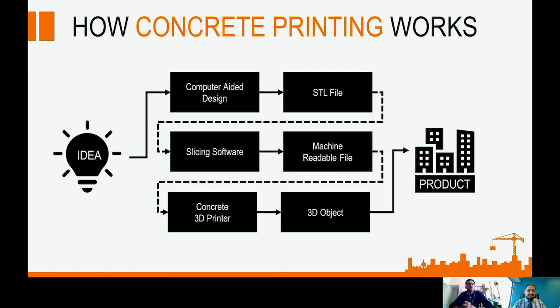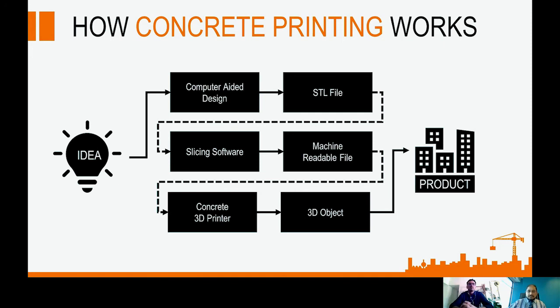So this is just general, we've briefly touched on it, but how concrete printing works. You have your CAD design, an object that you have created from your idea. Then you take this object and create an STL file. This is a standard triangulated file, which accounts for the geometry of the object you would like to create.